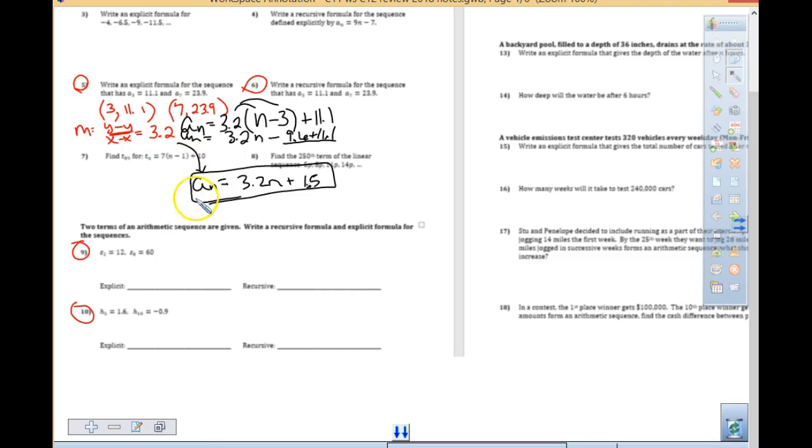If I want to do it in point slope form, I need to know the value when n is 1. So I have 3.2 times n minus 1, and if I plug in 1, what do I end up with for my y point? 4.7.